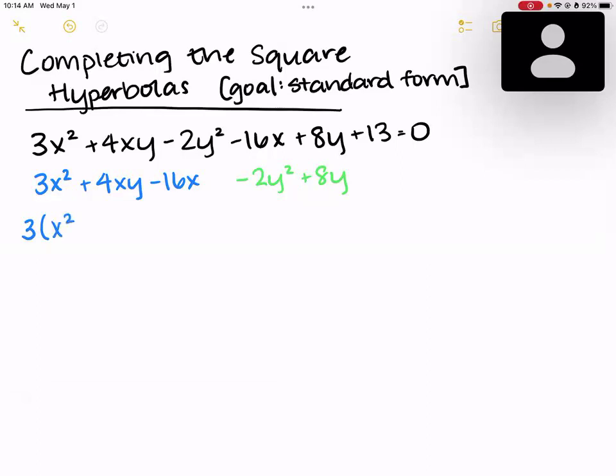X squared plus 4 over 3 xy minus 16 over 3 x. Now that we've done that, we're going to complete the square for x by adding and subtracting 4 over 6 squared, which equals 16 over 9, inside the bracket.